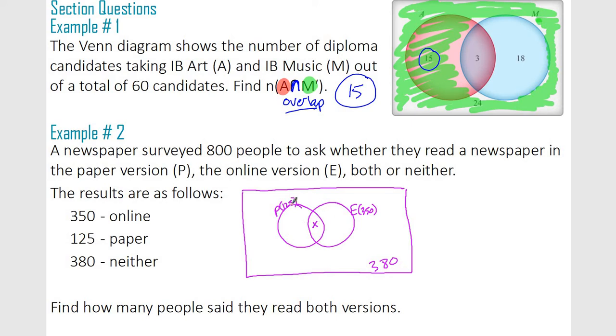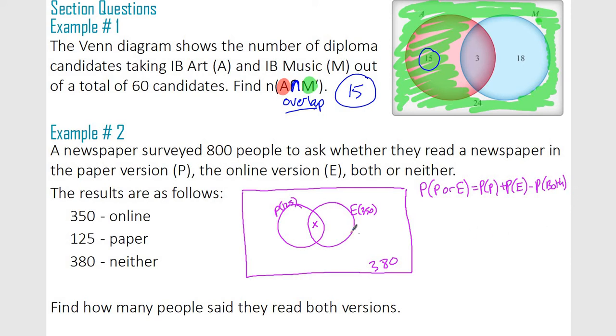Okay, so let's think about this. We know that the probability of paper or online is just the probability of paper plus the probability of online minus both.